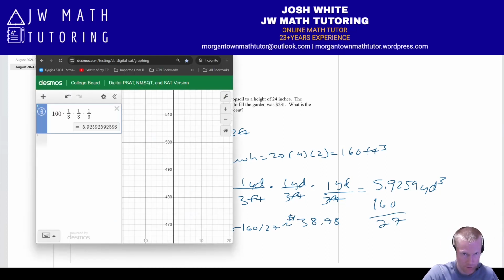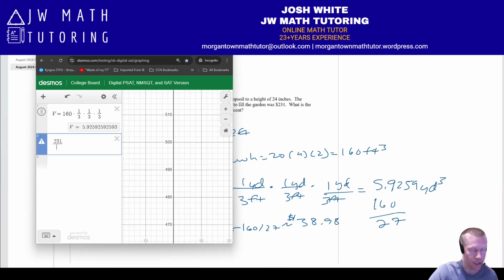Now, a couple things. First of all, if you wanted to divide 231 by that value, I would not just type it out by hand. What you want to do is define this as an exact value, which is called V. And then down here, I'll type V and it'll carry over. And so notice here it's $38, and then rounded to the nearest cent would make it 98 cents.